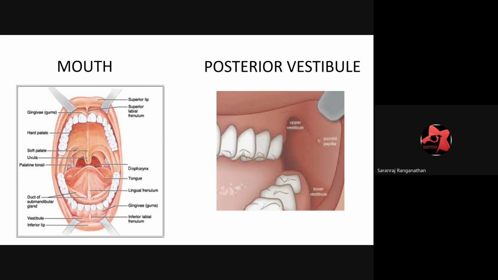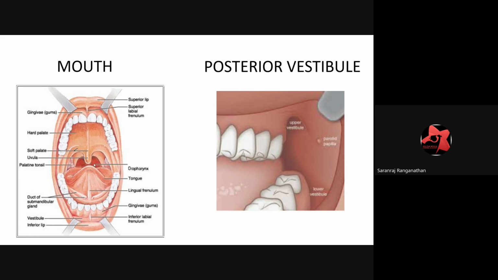That is the superior labial frenulum, and this is the inferior labial frenulum. Then this is the hard palate of the mouth, and next these are the teeth, and this one we call the uvula, and the palatine tonsil will be there. So here the tonsils are present bilaterally.